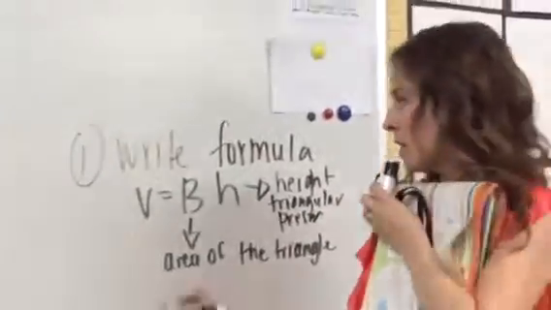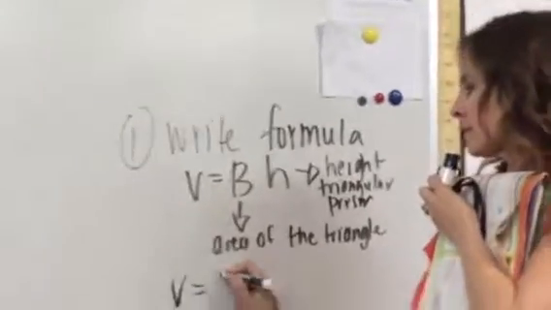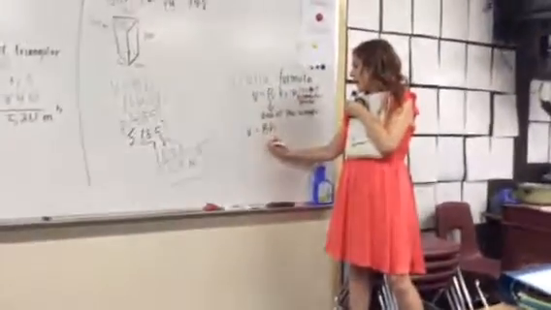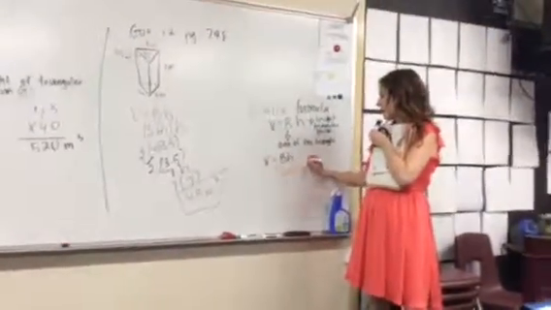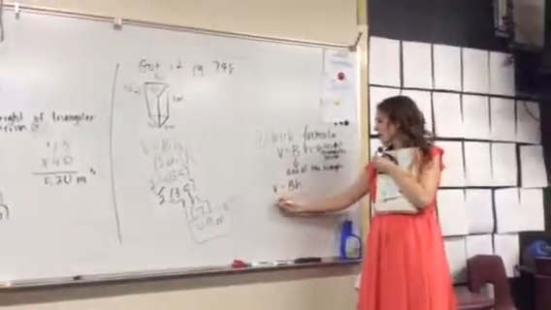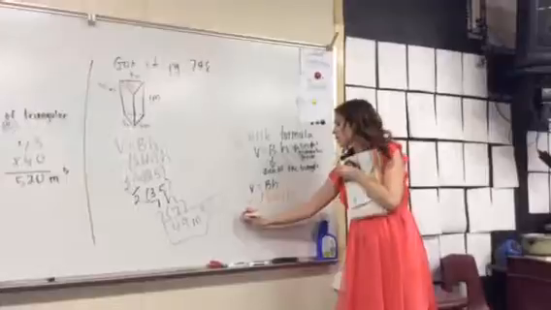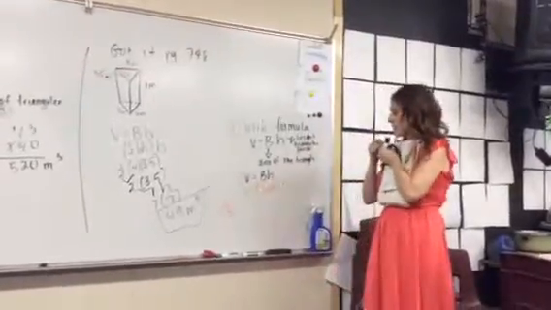Does that make sense? So it would look like this. And the base is going to be a half base times the height times the actual height of the triangular prism.